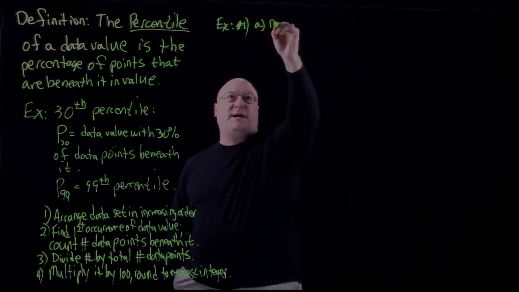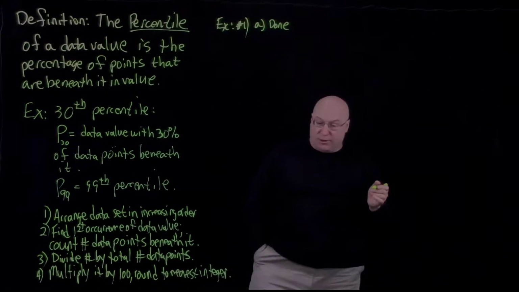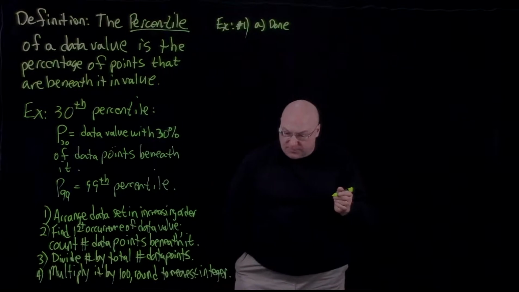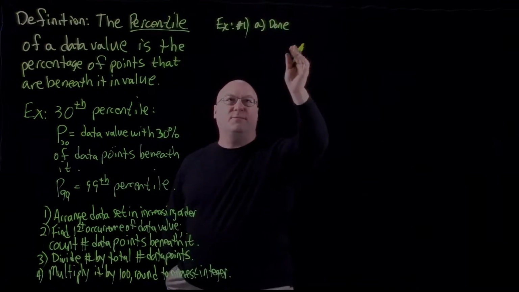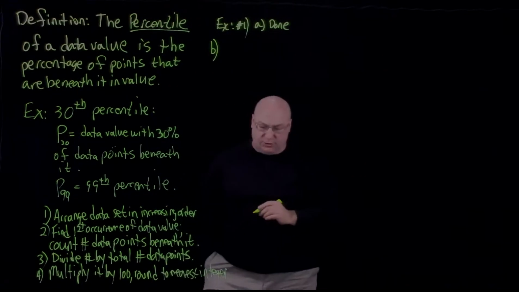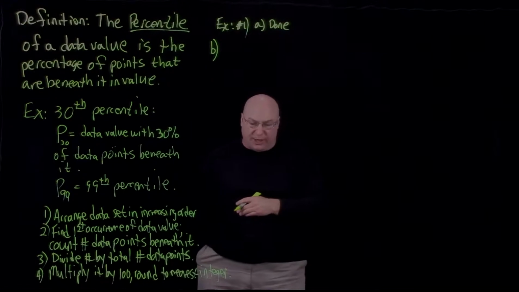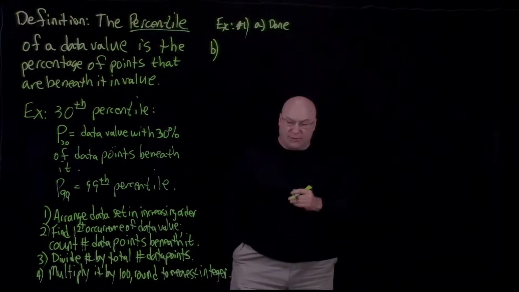Part A is done there in the notes. I took those weights and put them in order from smallest to largest. Part B, I want you to pause me and see if you can work through the whole thing. Give it a pause and see if you can get it, then we'll see if we agree.